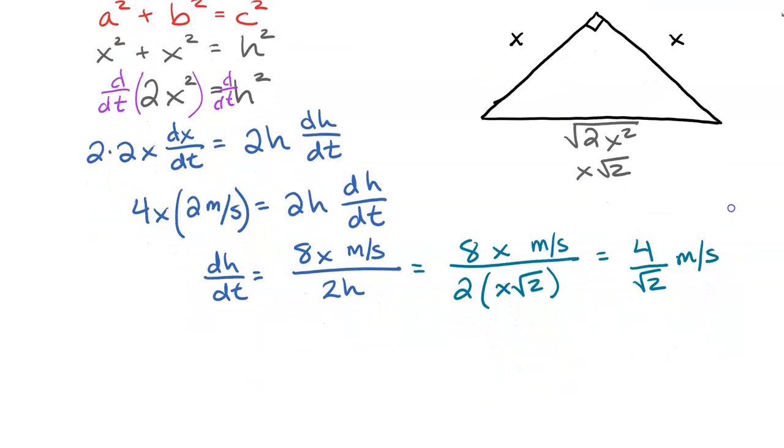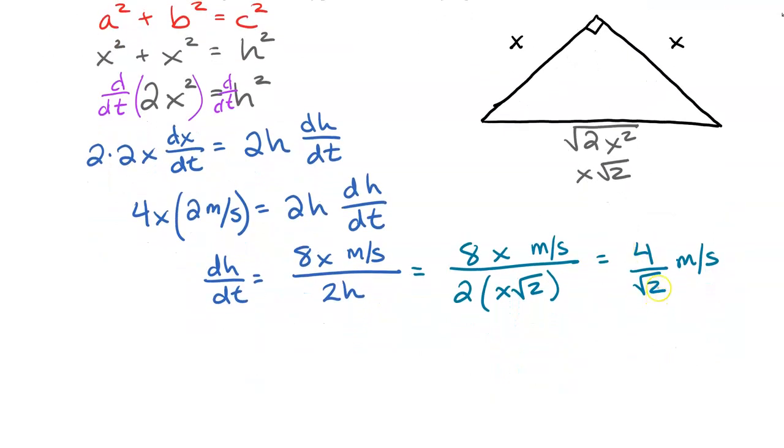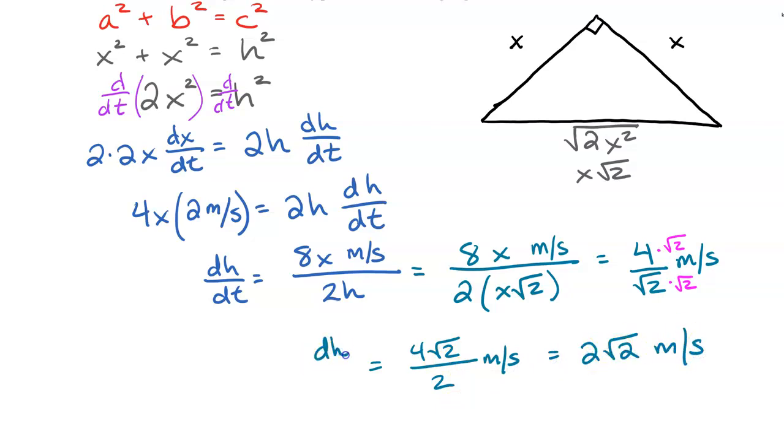And we don't like square roots in denominators, so we need to rationalize the denominator. So multiply by square root of 2 top and bottom. So that'd be 4 square root of 2 over 2 meters per second. And that'd give us 2 square root of 2 meters per second for our dh/dt.